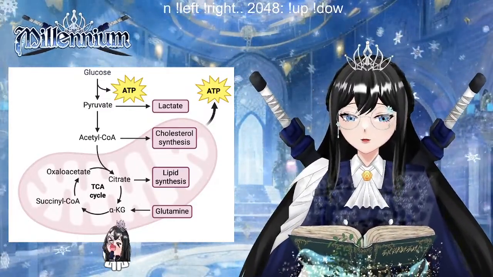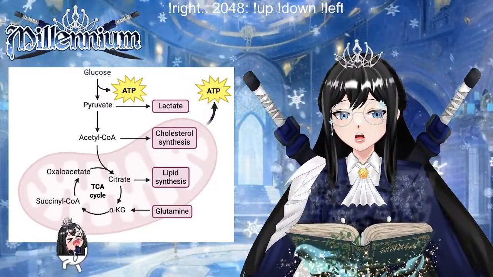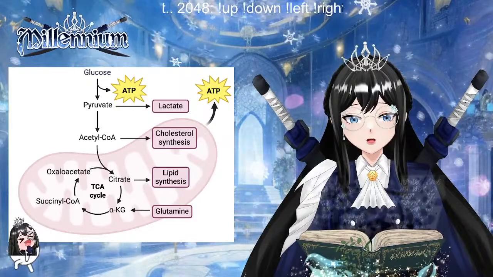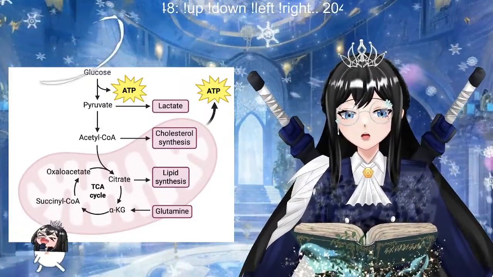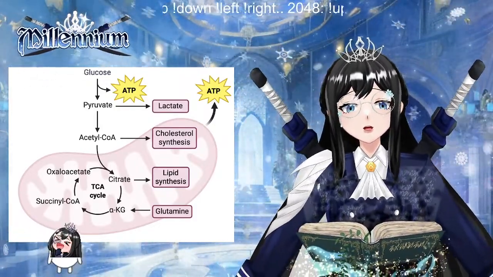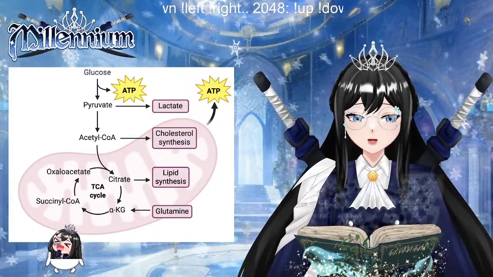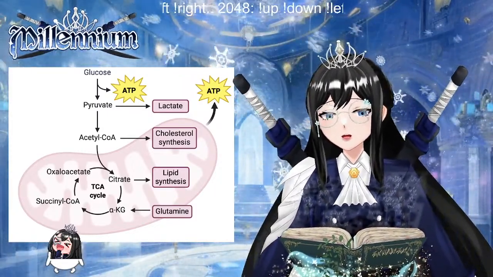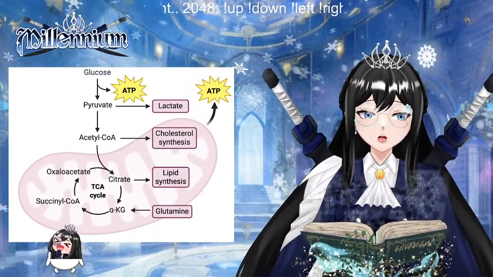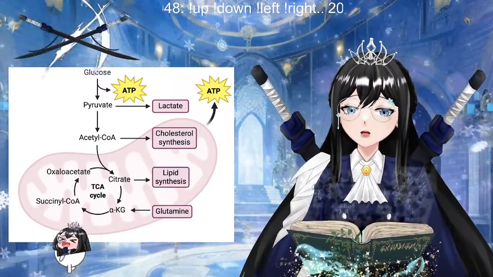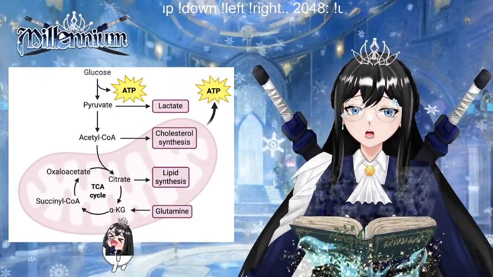For example, an alcohol has a higher oxidation state than a simple hydrocarbon. This is due to the additional hydroxyl group, which makes the molecule more oxidized. So just think of it as, okay, it can be more oxidized because of it.